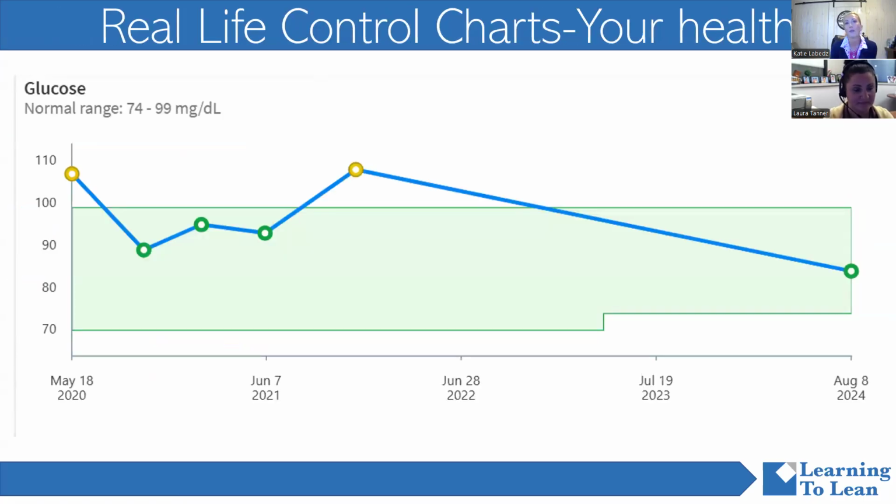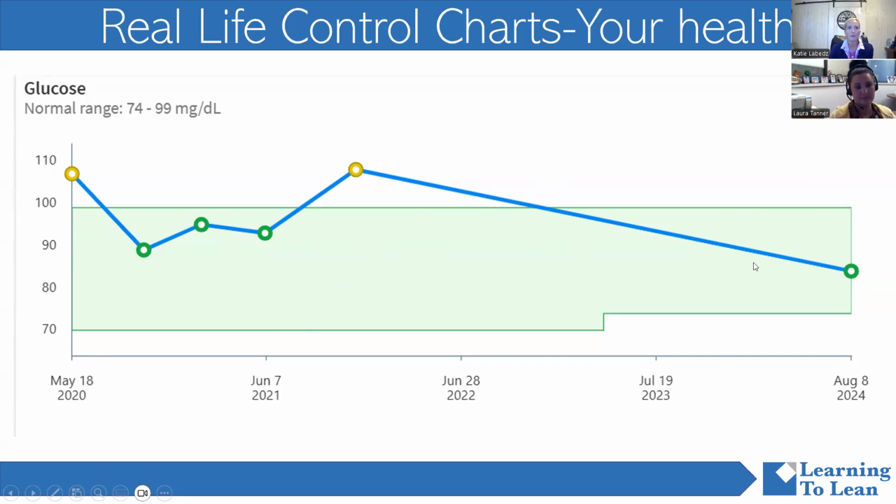And of course, for your health, you can have a control chart. I have many friends that use a Dexcom monitor and they're able to have that control chart on their phone to be able to see it. I'm fortunate enough that that is not something that I have to do. However, I thought this was interesting because I was having some problems with glucose and A1C, and in this area here is where I made a change.